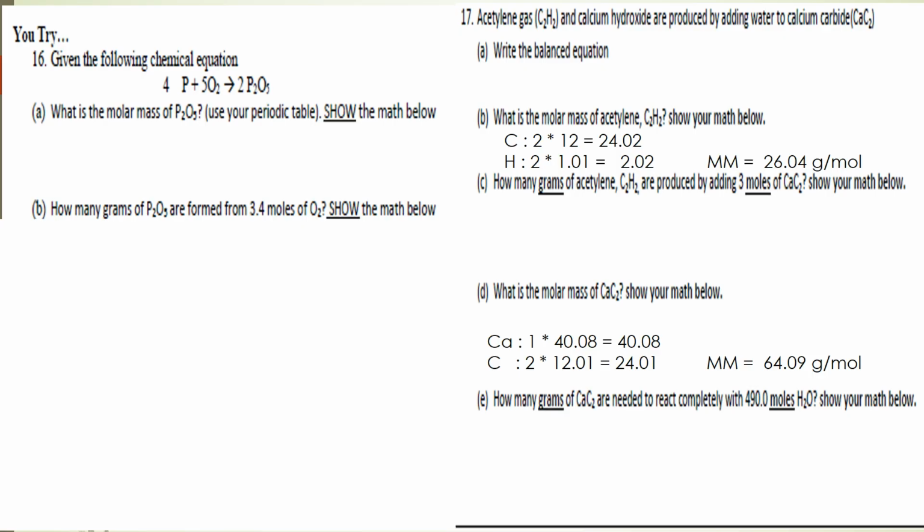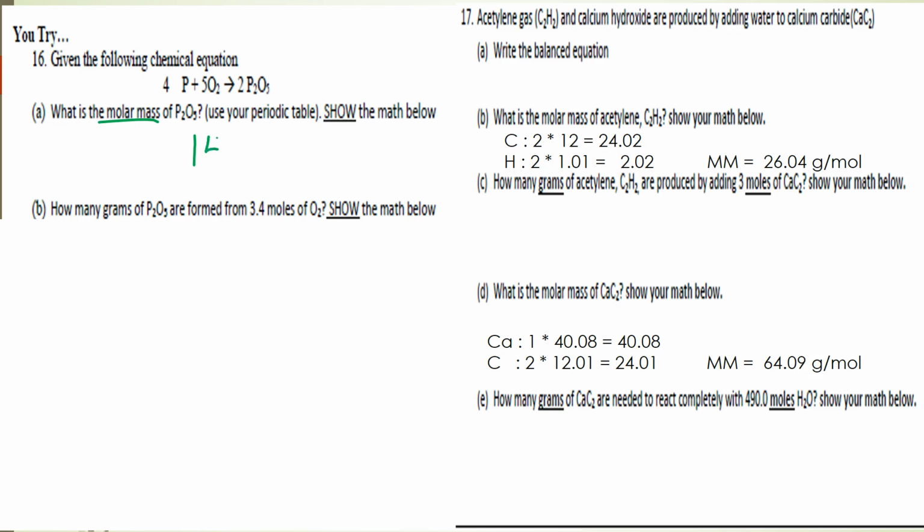Moving forward. Questions 16 and 17. For question 16, it gave you the chemical equation that was already balanced. So we had 4 moles of phosphorus plus 5 moles of oxygen reacts to form 2 moles of P2O5. It asks us to solve for the molar mass of P2O5.